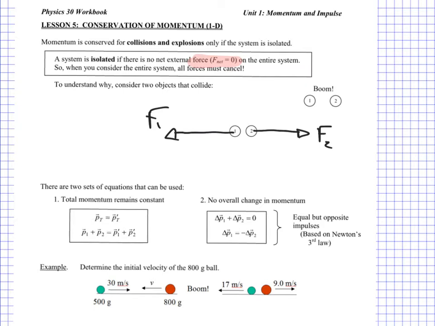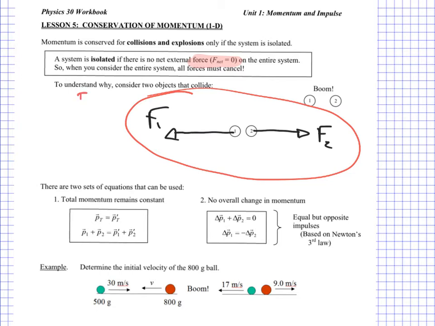And we're going to get thinking about the system, and I'll actually draw a circle around this. I'm going to draw a circle around it and say that this is isolated. There is nothing coming in or out. In other words, there's no force coming from the outside.